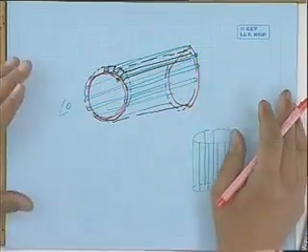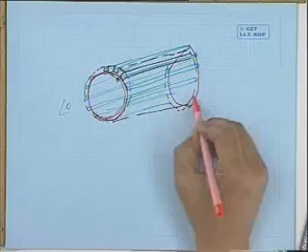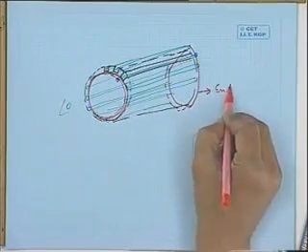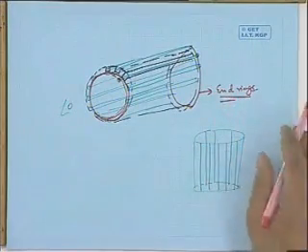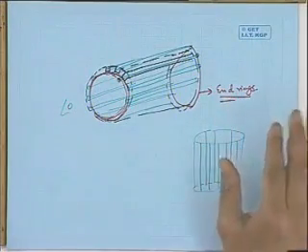Similarly, on this side, all these conductors will be joined. Therefore, the rotor consists of several rotor bars which run along the length, and at both ends they are shorted by two rings called end rings.